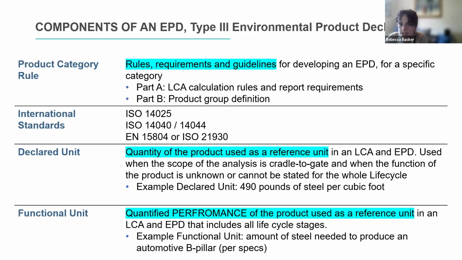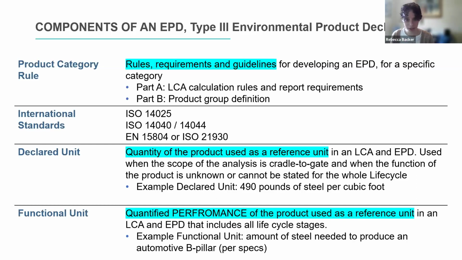PCRs are generally developed by industry stakeholders, and that group is generally led by a program operator. A program operator is essentially the organization that then does the review and the verification of the LCA and EPD.